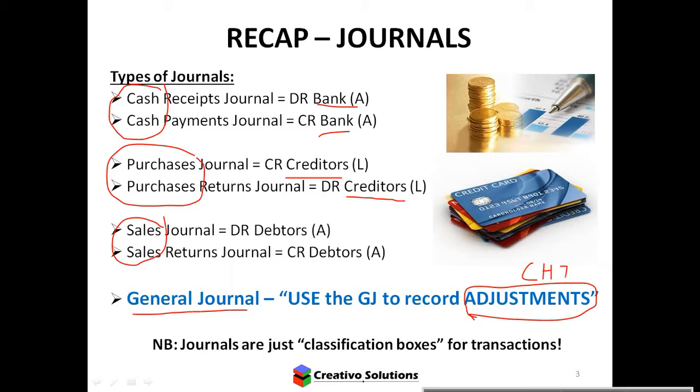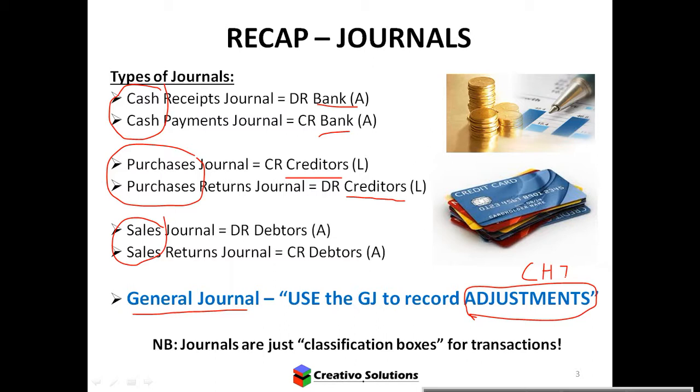So a ledger is looking at specific accounts. Journals are used to group the different transactions. That's the difference. Okay, so the one is more for the transactions and the other is more for the actual accounts. Okay, is that right?